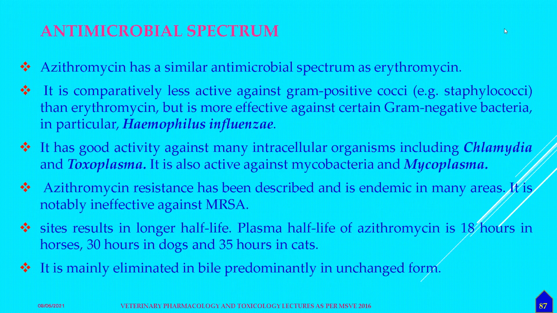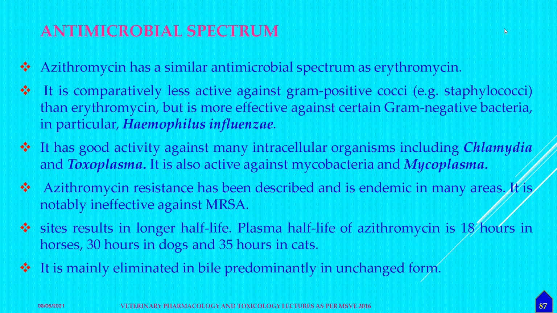And it has very good activity against intracellular organisms, including Chlamydia psittaci, which causes psittacosis in birds, and Toxoplasma gondii, which causes toxoplasmosis in cats. It is also effective against Mycoplasma, although azithromycin resistance has been described and is endemic in many areas, and it is notably ineffective against MRSA, methicillin-resistant Staphylococcus aureus. We cannot treat it.